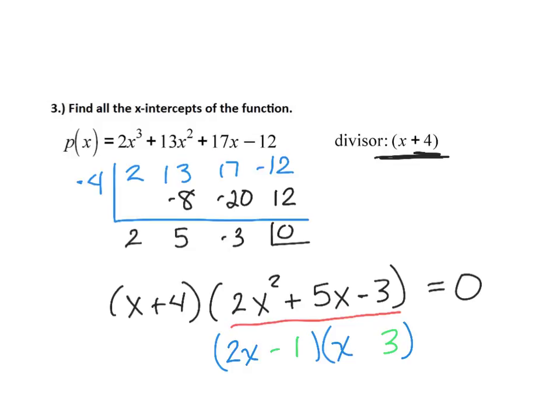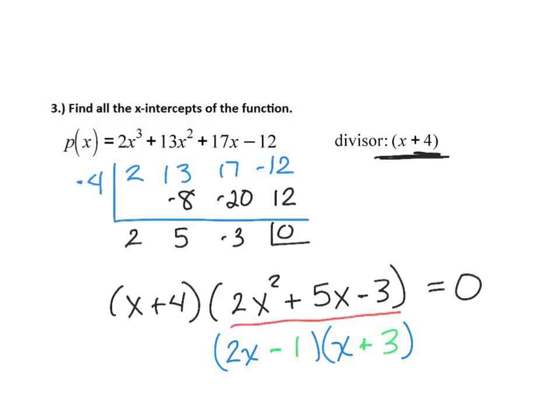And I'm going to put the negative here and the plus here. And if I do a quick FOIL here, the inner gives me a negative 1x. This gives me a positive 6x. So when I add those together, negative 1 plus 6, it does give me a 5x. And the negative 1 times 3 is negative 3.